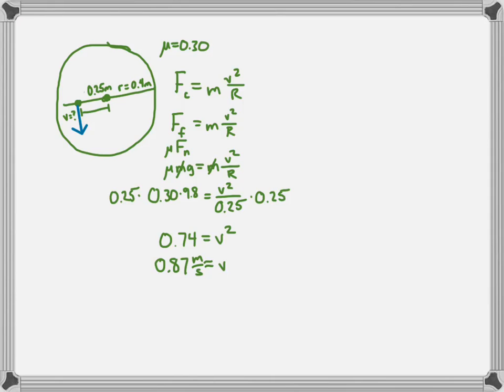Okay. So, that is the maximum linear velocity or tangential velocity that this penny can go before it starts to slip off of our table. So if this velocity is any faster than 0.87 meters per second, then the penny goes, whoop, slides off.